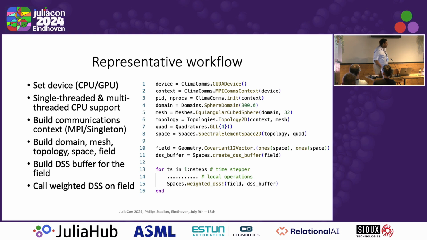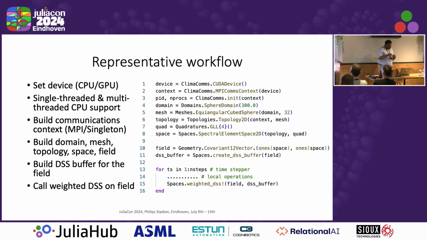So this is a quick representative workflow for a normal DSS. We first set the device. We can set the device to CPU or GPU, and we also support single-threaded and multi-threaded CPUs. Then we set the communications context. Here it's the MPI communication context for distributed simulations. Otherwise, it can be a singleton communications context.